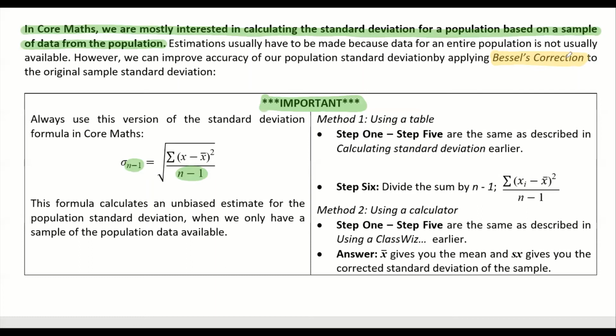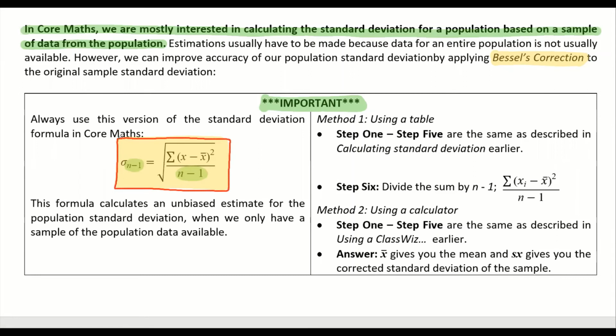I won't go into why it's n subtract 1, but he said if you divide by n subtract 1 rather than n, this will correct for the fact that your data is only a sample. So this is the formula we are going to be using from now on. I'm going to make that look really important. I'm even going to put it in a red box because I think it is that important.